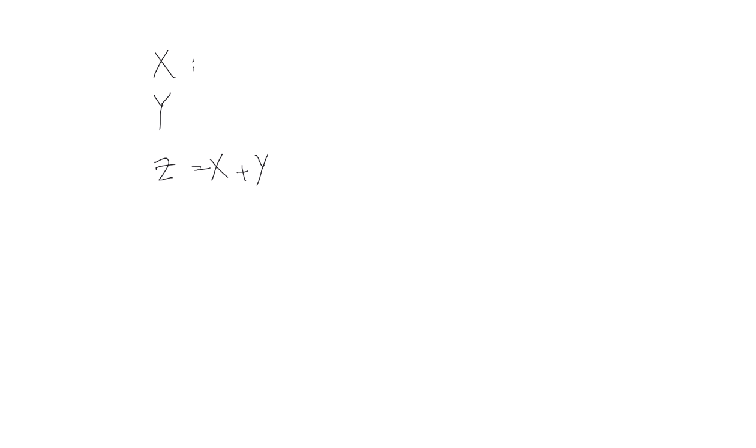So you measure x, you get the mean value of x, and with that you get the uncertainty of x, which is that one. And then you measure y, you get the mean value of y, and with that you get the uncertainty of y.